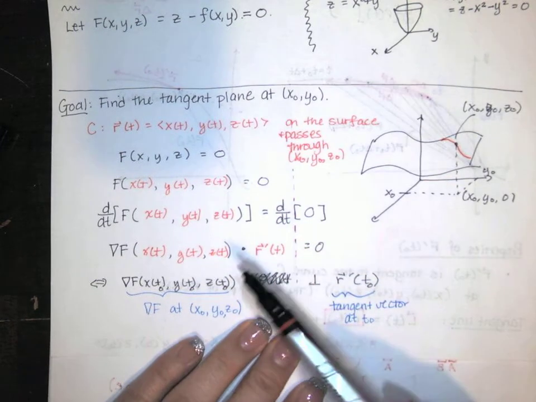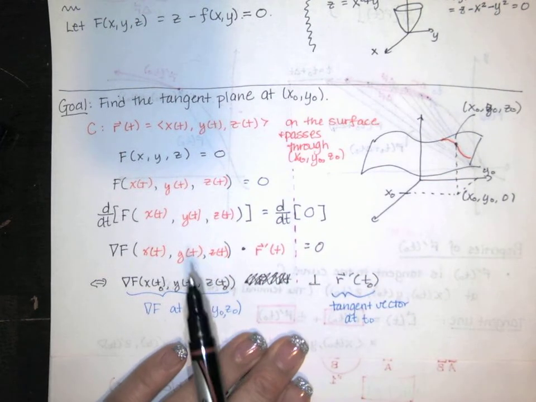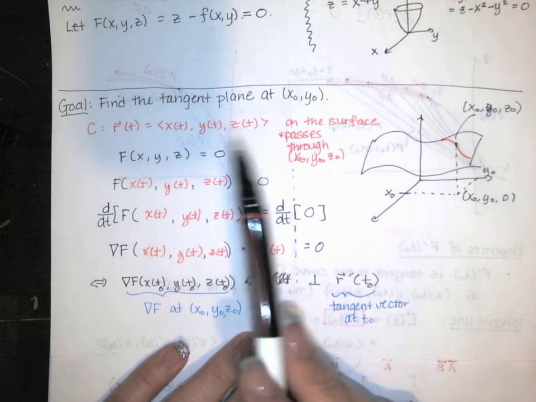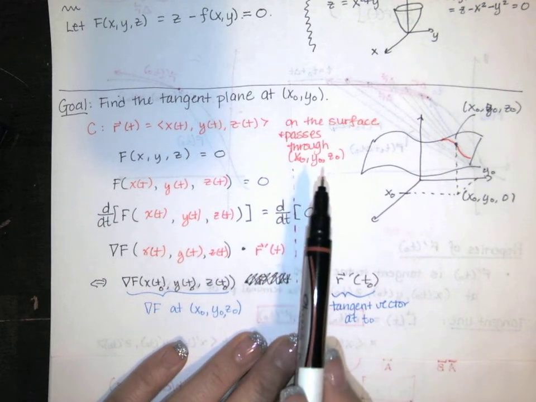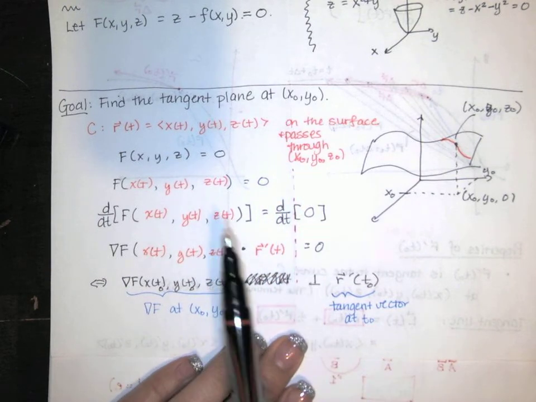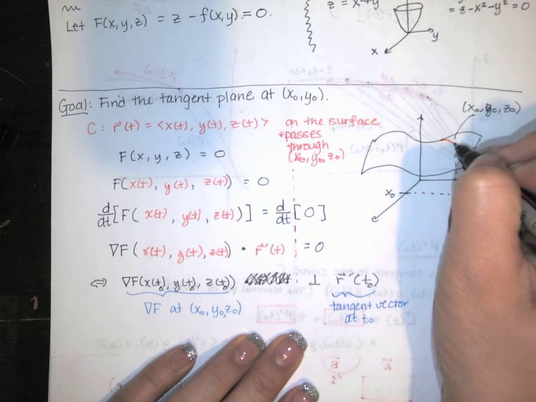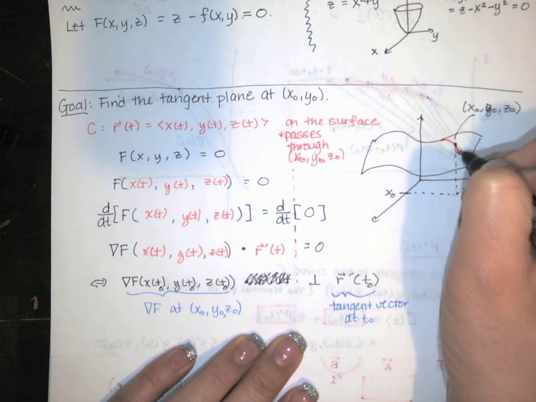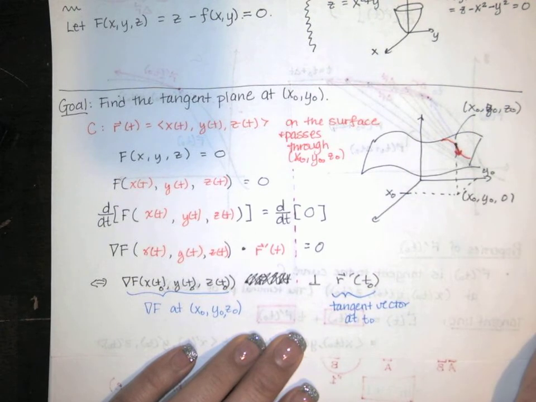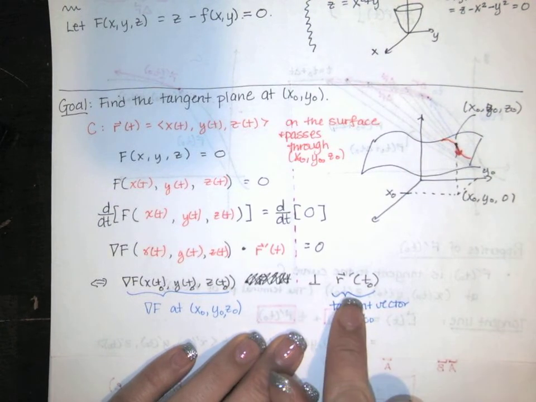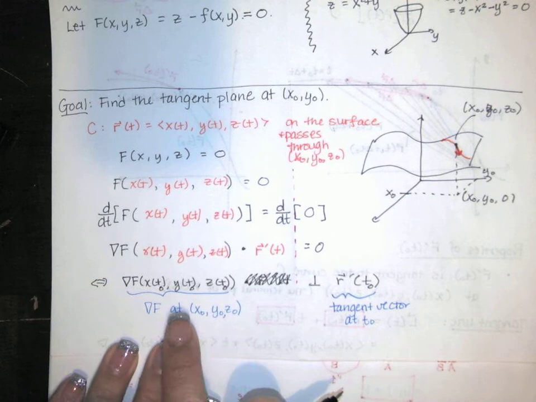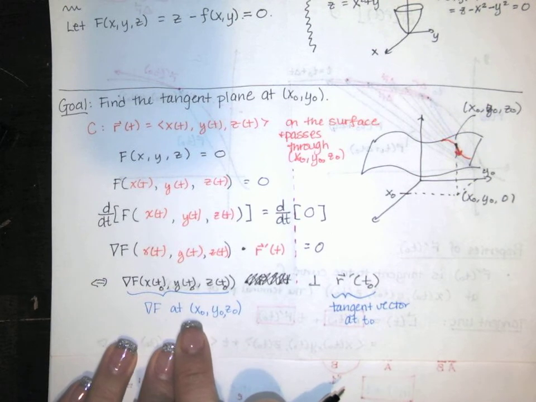What we just did here by the chain rule tells us that if r of t lies on the surface and it passes through x naught, y naught, z naught, then the tangent vector evaluated at t naught, the tangent vector that's going like this along that curve, also along the surface, is orthogonal to this gradient vector.